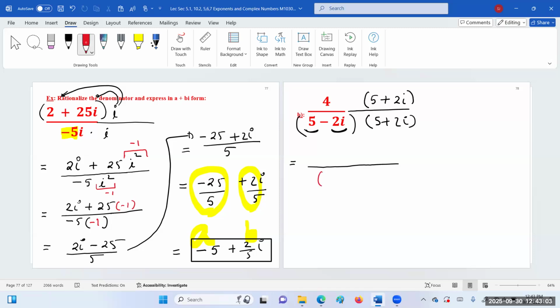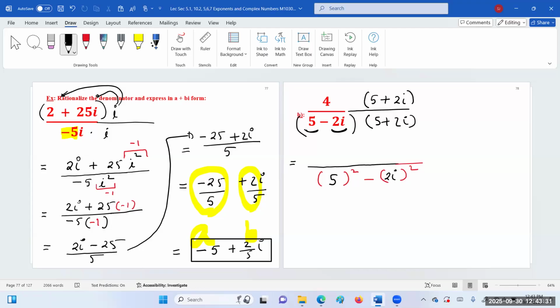5 squared. We get the difference of their squares. If you multiply by 5 plus 2i, you don't get that. Only if you multiply by the conjugate, you get each term squared and then a minus between them. So we call that a difference of perfect squares.